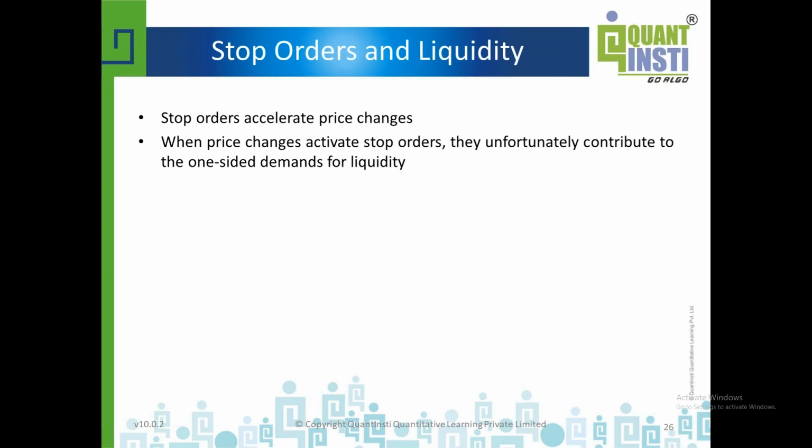I'm almost certain a lot of stop losses got triggered for different traders. It just accelerates, because as the price falls, the stop losses get triggered and the market orders for covering your losses get triggered and they remove liquidity again and again. So it's a spiral that gets created, right?